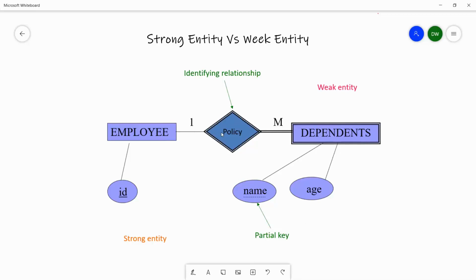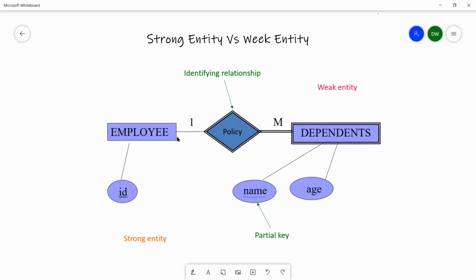And the other thing is, the relationship in between these two is taken as an identifying relationship. Remember that term. Whenever we have a weak entity, then we have an identifying relationship in between. So identifying relationship is also marked with double lines, right? So remember that one as well. So here we have a strong entity which is named employee, and a weak entity which depends on the strong entity.